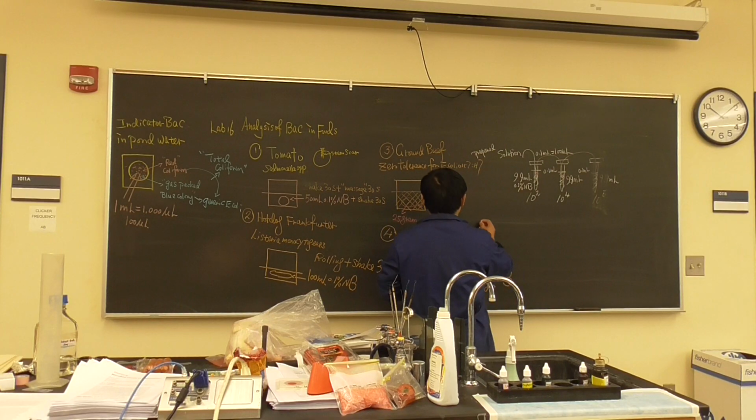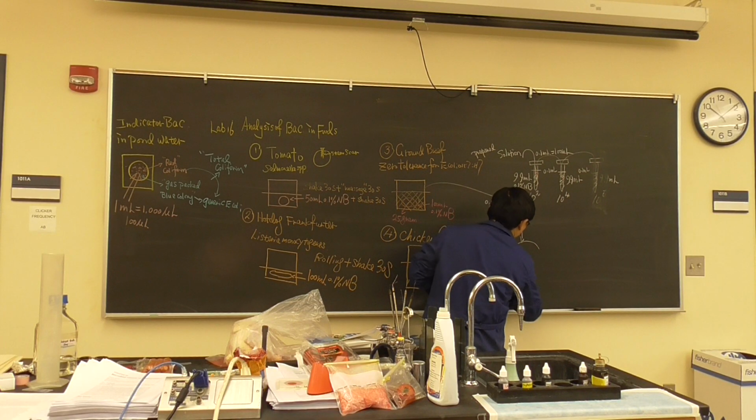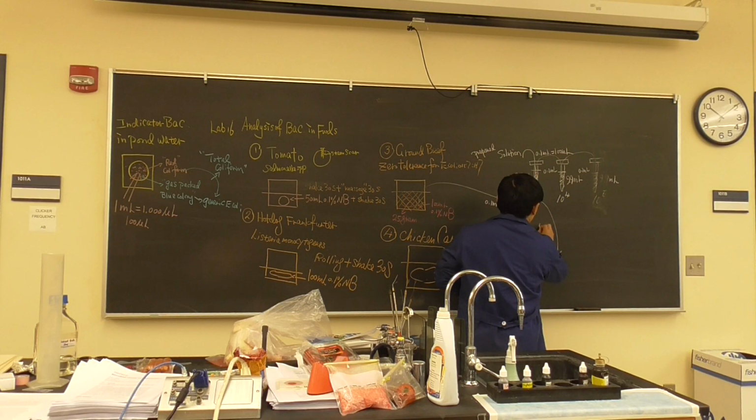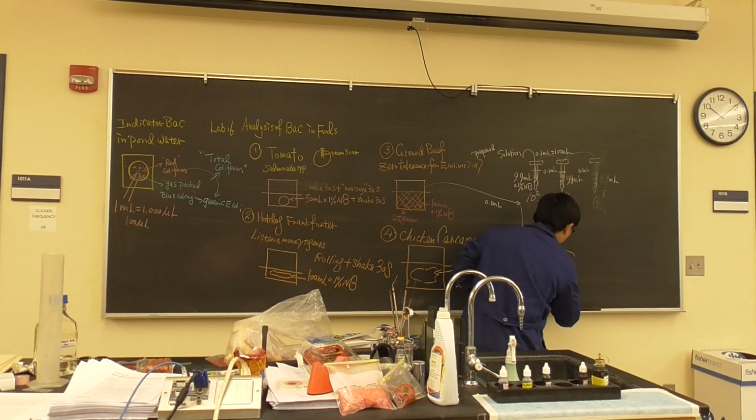But how you do it? You get the original solution, 0.1 ml, onto the agar plates. Do the spread plating. That is 10 to the power of 1. Then you add 0.1 ml, remember this is 0.1 ml, onto the agar plates.